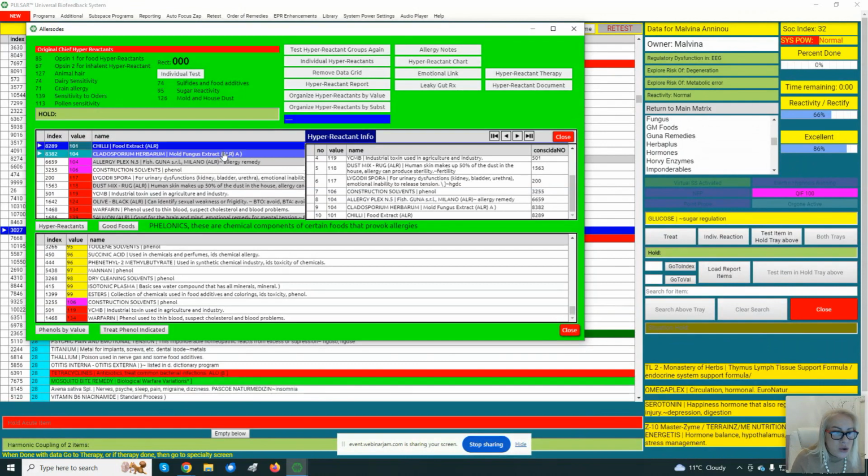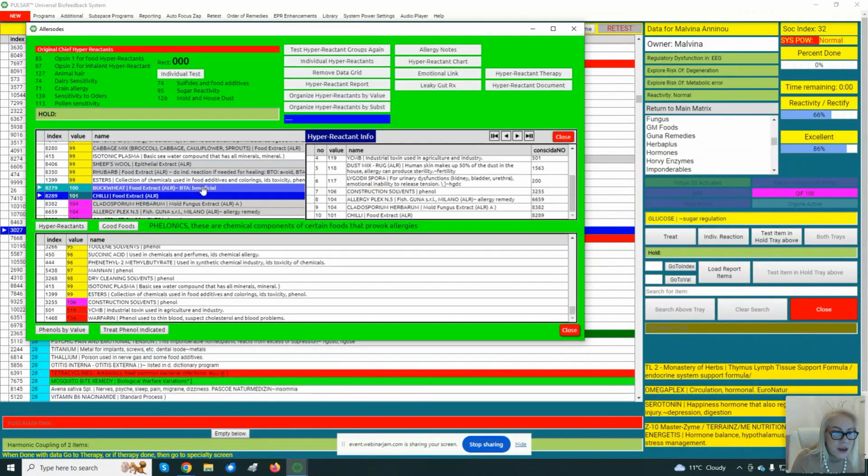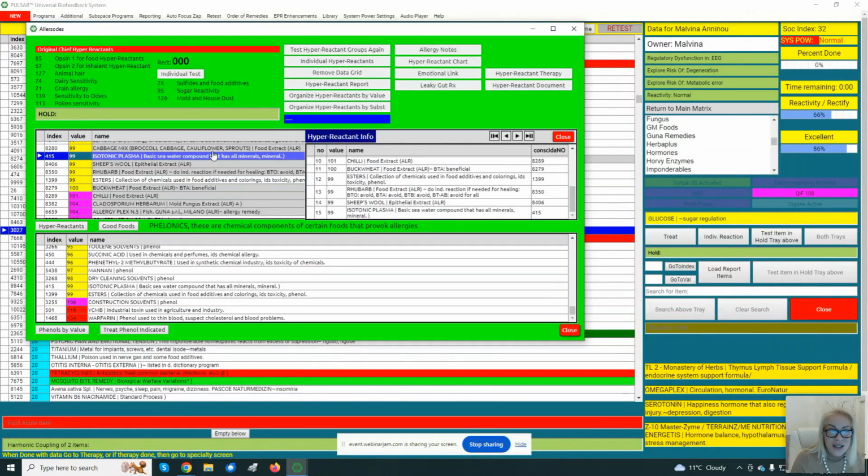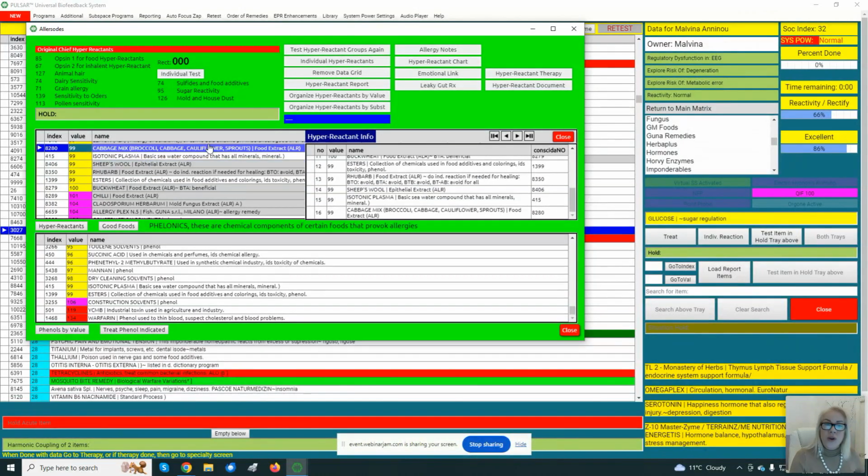So, you like to double click on everything. Just lowering your reactions in general will help in the digestive process, in the metabolic process, lower that autoimmune response and the inflammatory response.